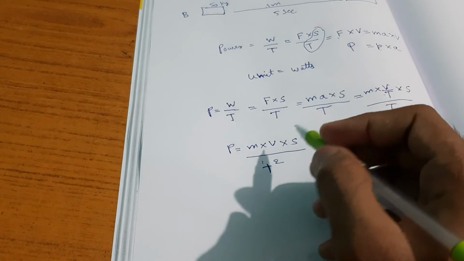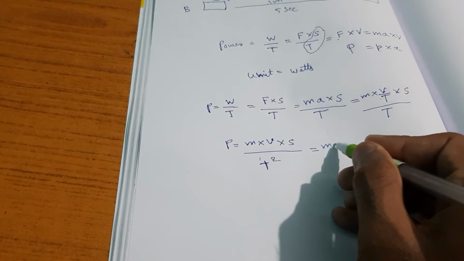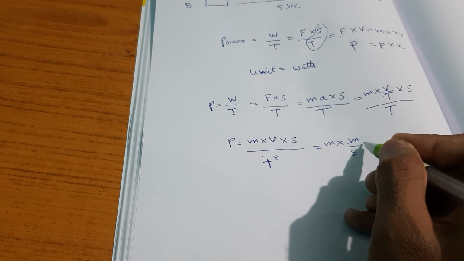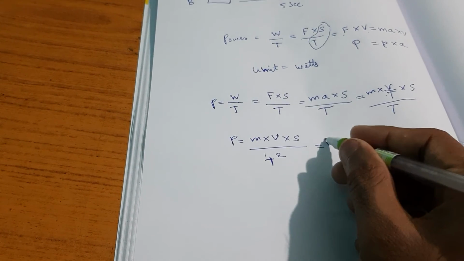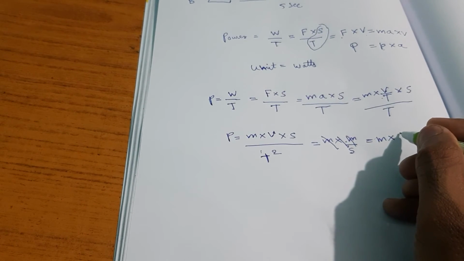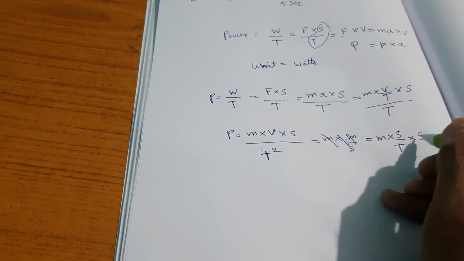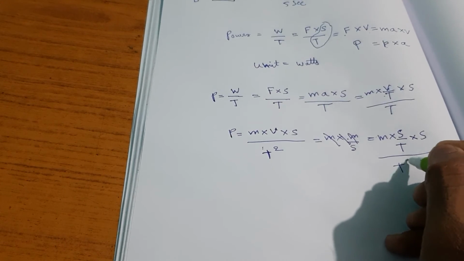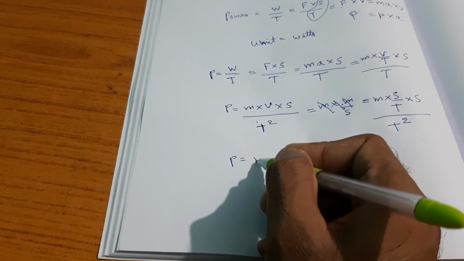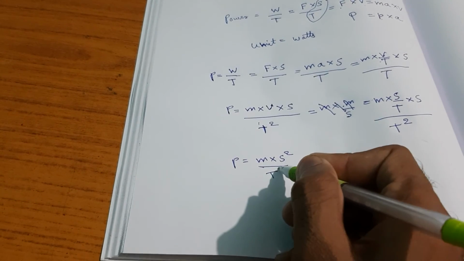We can do further simplification for velocity. Velocity is meter per second, or we can write it as distance per unit time. So power is mass into distance upon time into distance upon time square. Further simplification gives us power is equal to mass into distance square upon time cube.